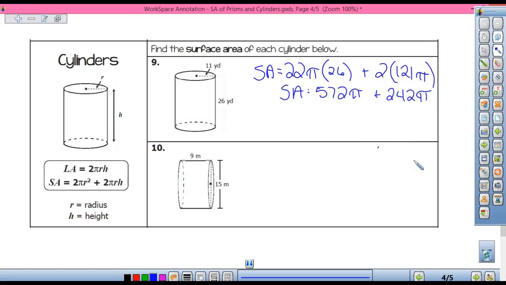So 572 plus 242, 814 pi. Now multiply it. That's the last thing that you should do, multiply by pi. So now you have 814 times pi.